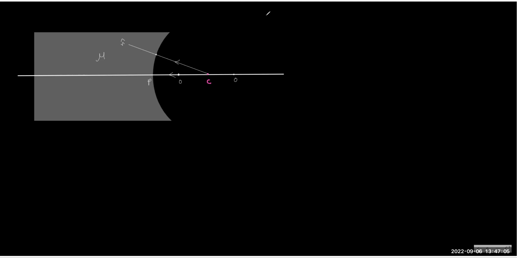So now let's do multiple lines. If the object is here, it will hit like this. It will hit like this. And if you take a virtual object somewhere here, in case the object is virtual, so what will happen in that case?